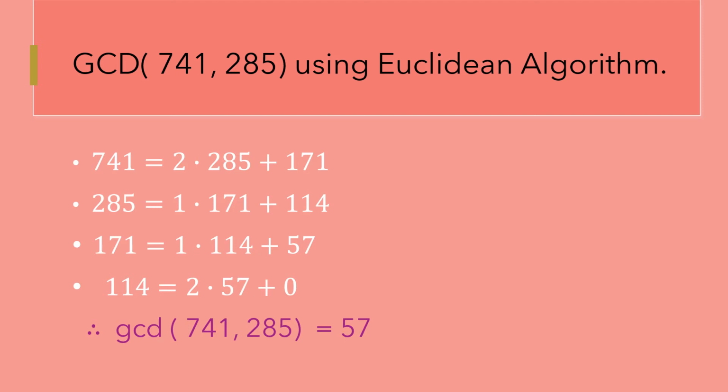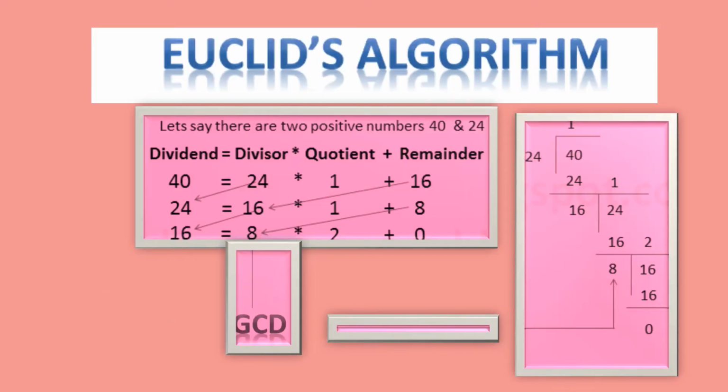So this is the method of Euclidean algorithm. That is, you can consecutively divide these numbers. Suppose I'm trying to find the GCD for 40 and 24 using the Euclidean algorithm, we can also do the usual division. When we divide 40 by 24, it is 1 times 24, and the remainder is 16.